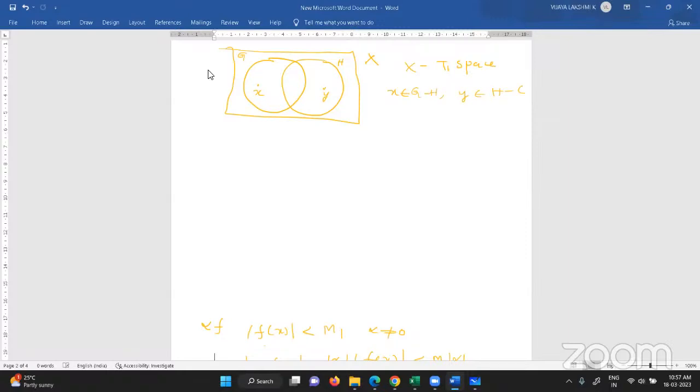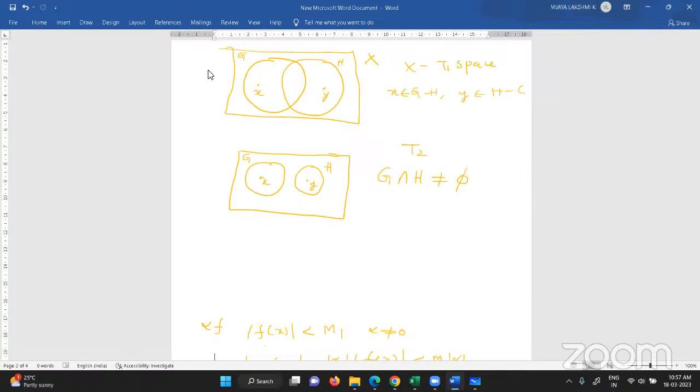Now, what do you mean by a T2 space? T2 space is also known as Hausdorff space. Hausdorff space means it is a T2 space: for any X not equal to Y, there exist two open sets G and H. This is G, this is H. Here X belongs to G and here Y belongs to H, where G intersection H is empty.